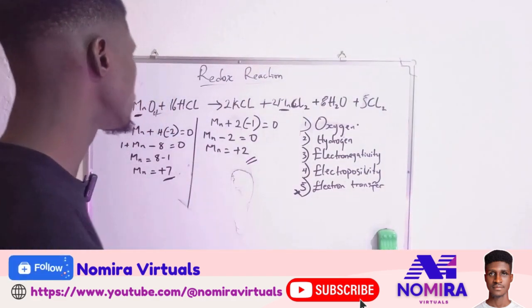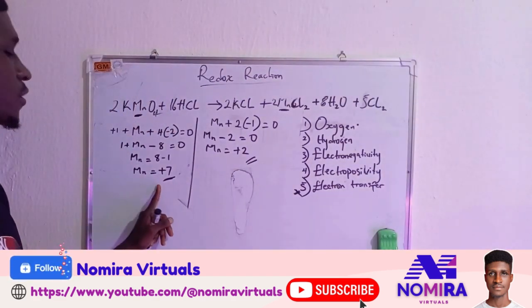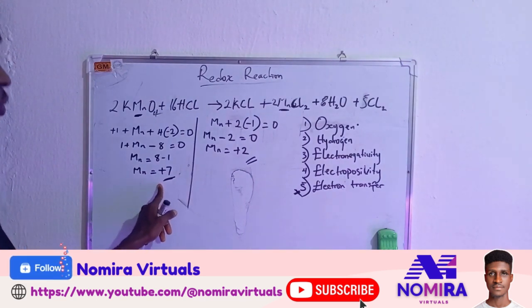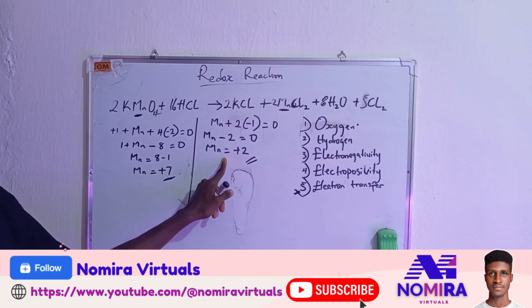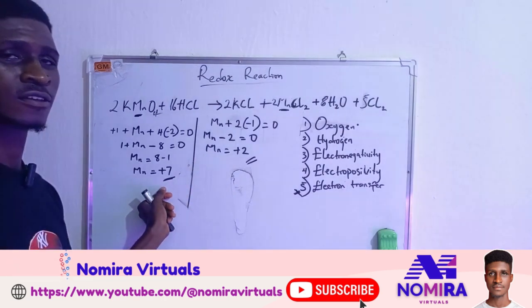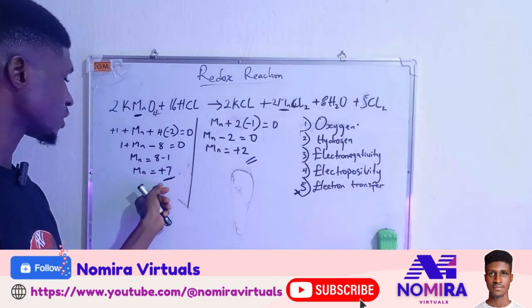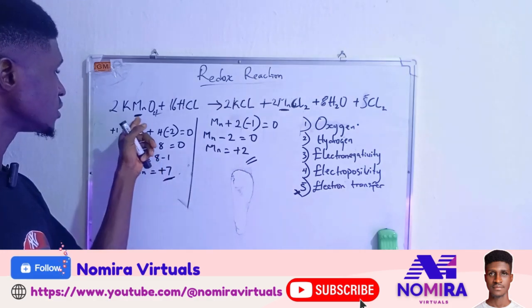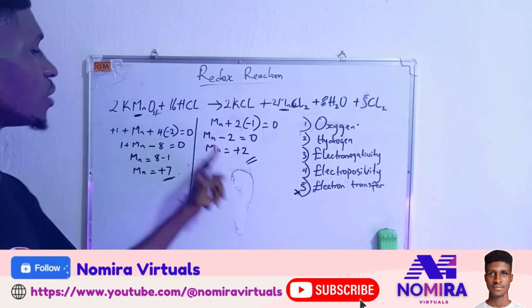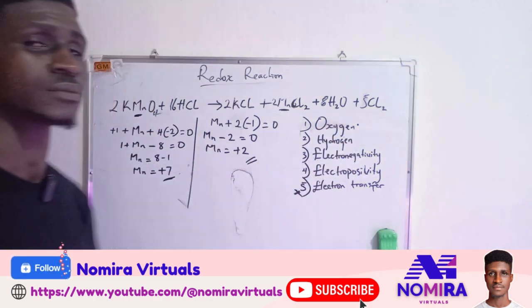Now this is where the conundrum lies. If there is reduction, in which case you are seeing reduction here, it means that this particular 7 is higher on the reactant side and lower on the product side.